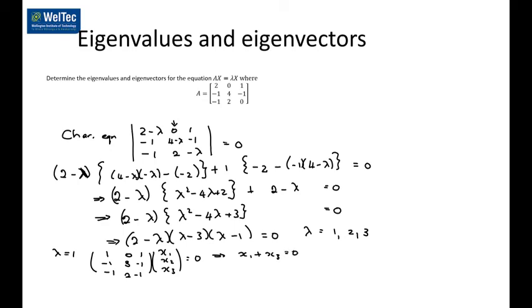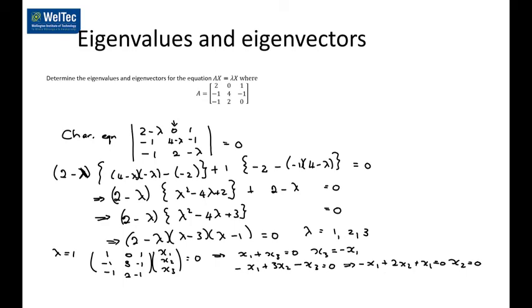So x3 equals the opposite of x1. And from row 2 we get that negative x1 plus 3x2 minus x3 equals 0. And don't forget, we already know what x3 is. So now we have negative x1 plus 2x2 plus another x1 is equal to 0. So that means x2 is equal to 0.